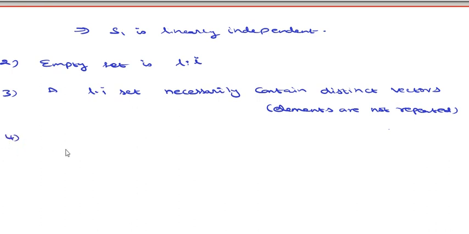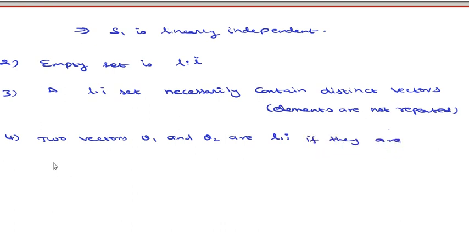And fourth one, two vectors. Suppose a set has only two vectors, so we will see what happens. Two vectors v1 and v2 are linearly independent if they are not a scalar multiple of the other.